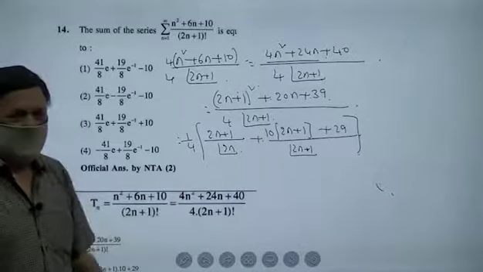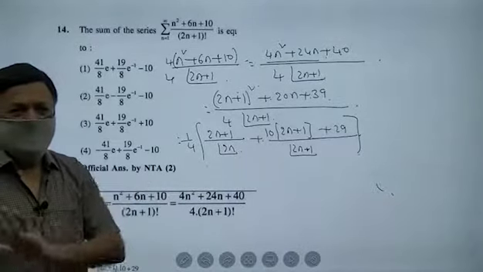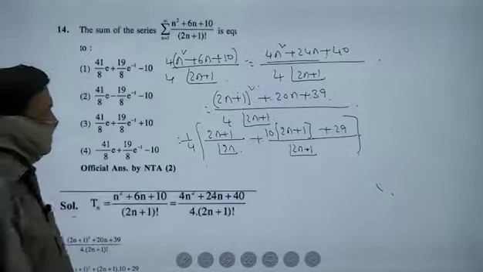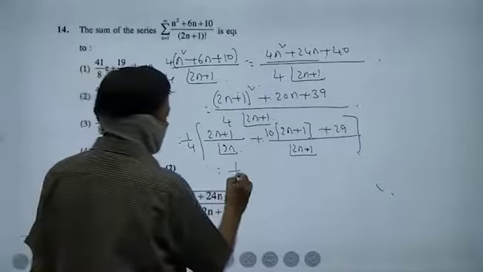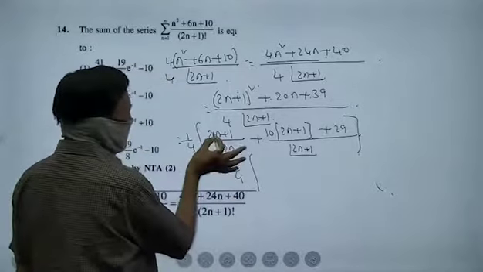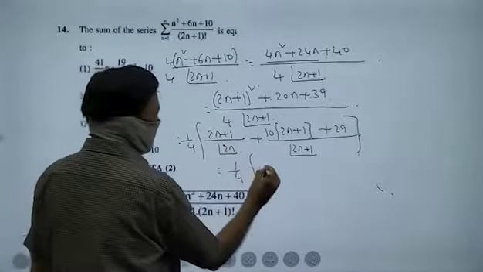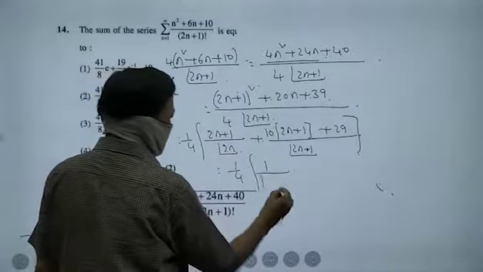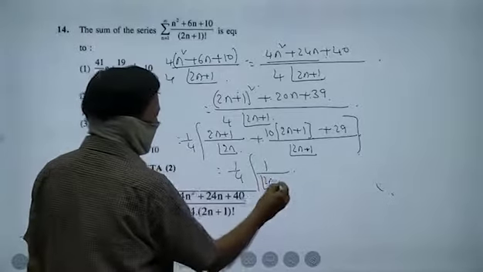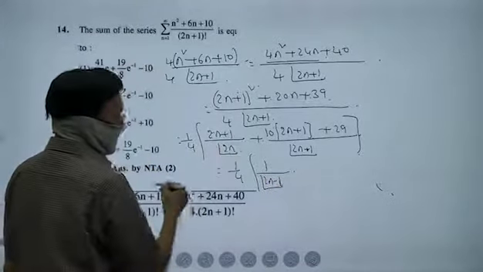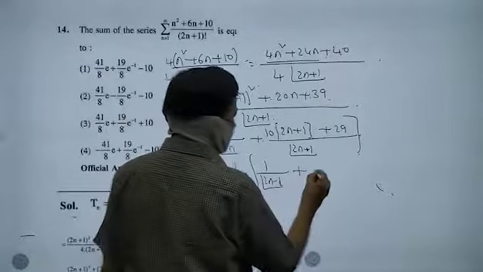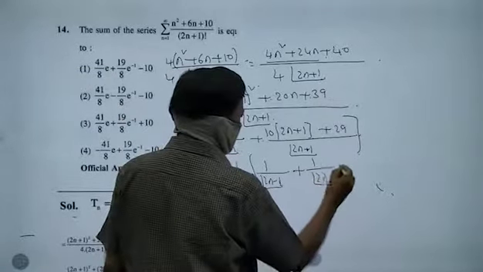I want to see that in the numerator there is no presence of n. Now this is 1 by 4 into this by this will give you what? 1 by factorial 2n minus this by this plus 1 by factorial 2n.